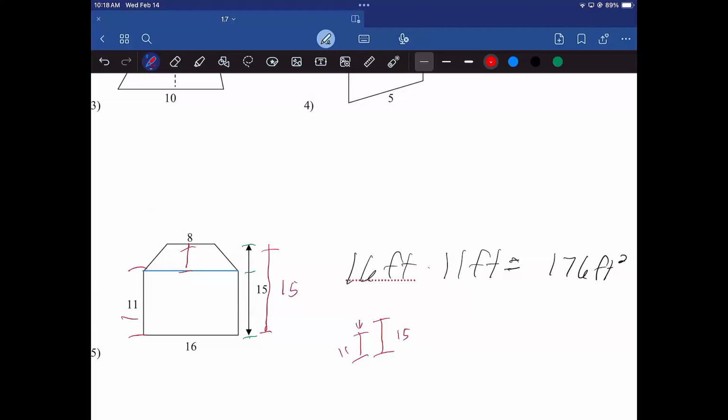Well, how far is this distance here? So I'm going to say 15 minus 11, in feet, is equal to 4 feet. Using that, I can now say this is 4 feet tall.